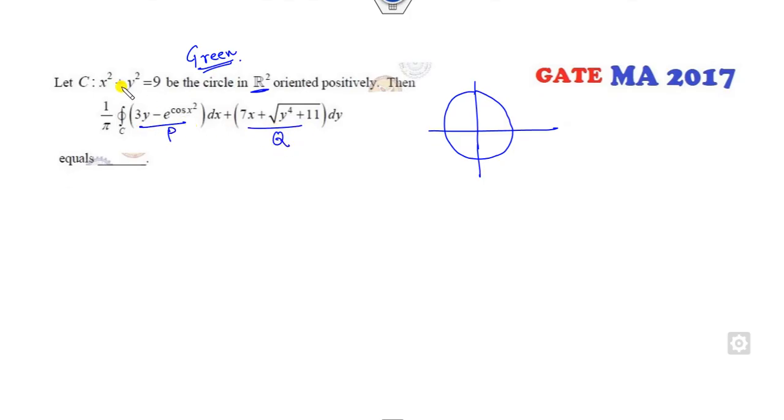Okay, look at this one, which is in R2 and it's a line integral. I can apply the Green theorem. What is that? It's the equation of the circle, x square plus y square is 9. And clearly this is my P, this is my Q, which are both continuous over this circle. Then I can double integrate.